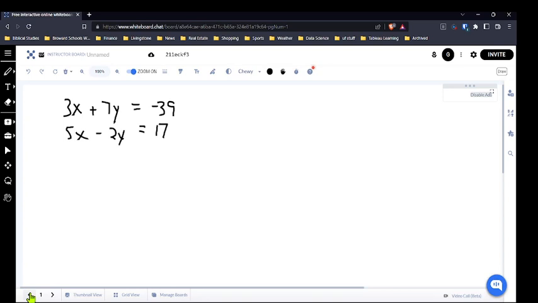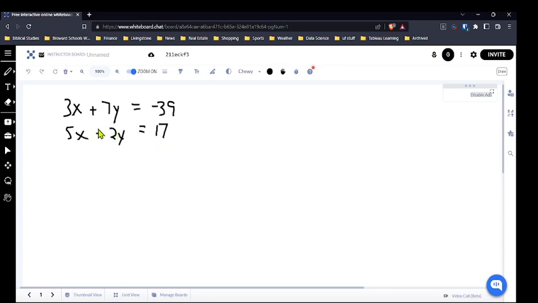I call this the harder one because what you see here is I can't add straight down and cancel anything. 3x plus 5x is 8x, 7y minus 2y is 5y. I can't easily multiply just one of the equations by a number to find an offset. So what I'm going to have to do is multiply both equations by some number.